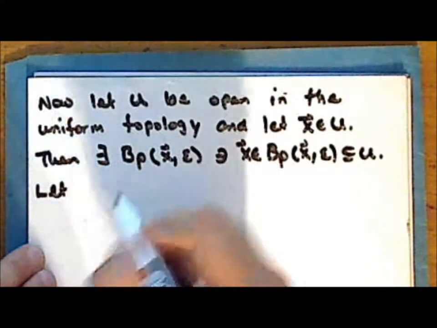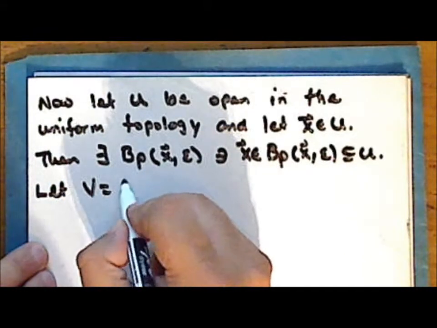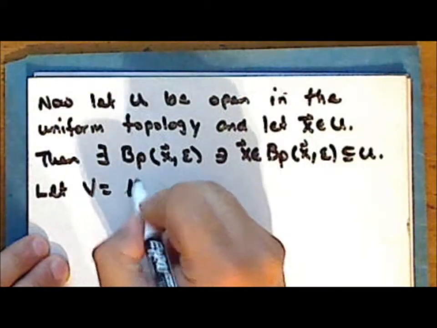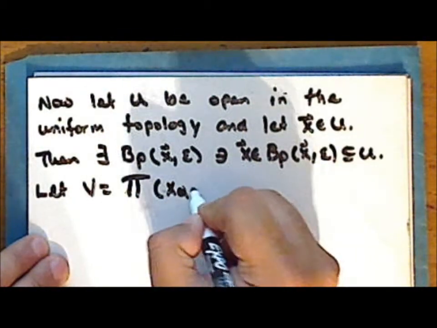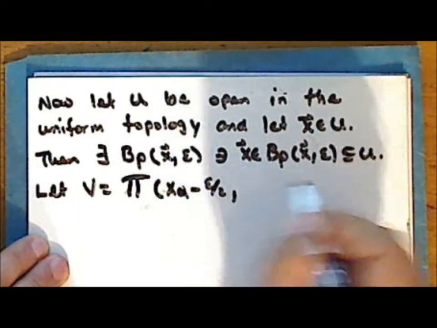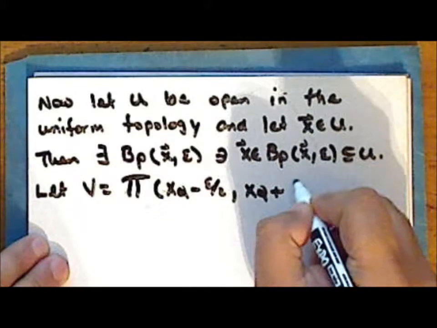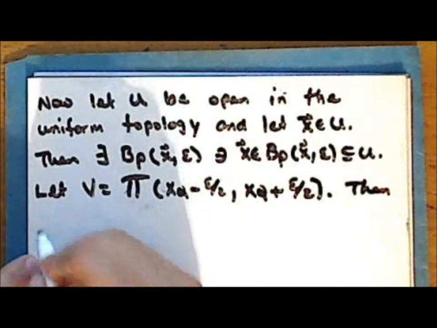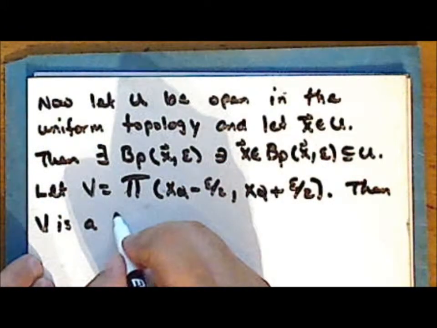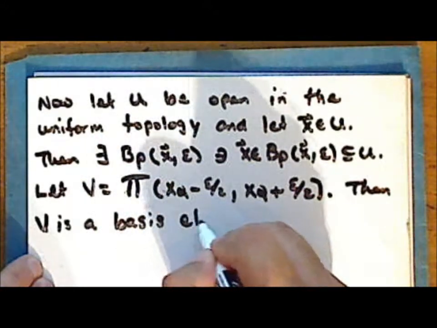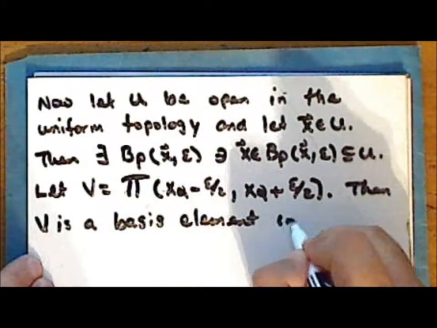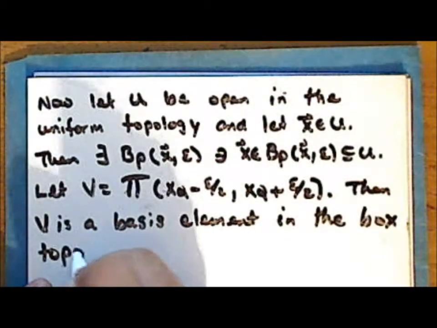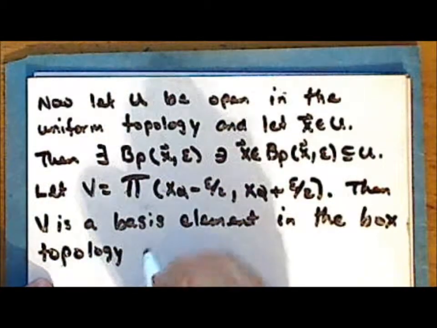So let the set V be the product of open intervals of the form x sub alpha minus epsilon divided by 2 to x sub alpha plus epsilon divided by 2. Then this set V is a basis element in the box topology containing the point x.